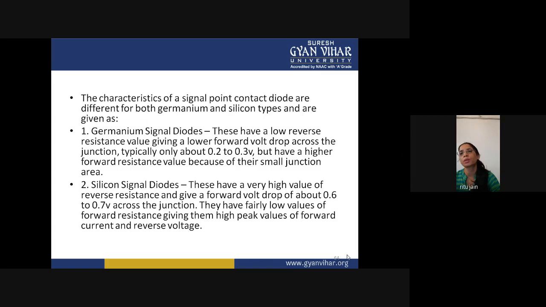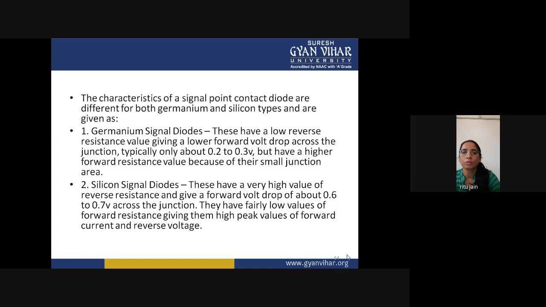So let's talk about the germanium signal diode. These have a low reverse resistance value, giving a lower forward voltage drop across the junction, typically only about 0.2 to 0.3 volt, but they have a higher forward resistance value because of their small junction area.